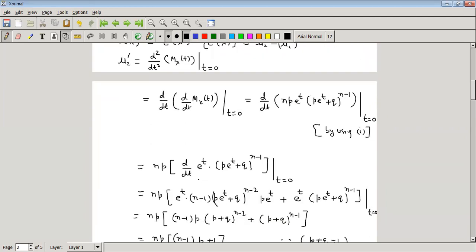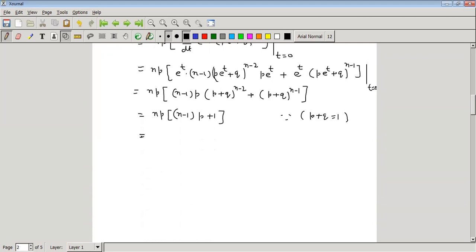And this is n into n minus 1 into p square plus n into p. So this is mu2 dash, right? So we put the value of mu2 dash to find variance.